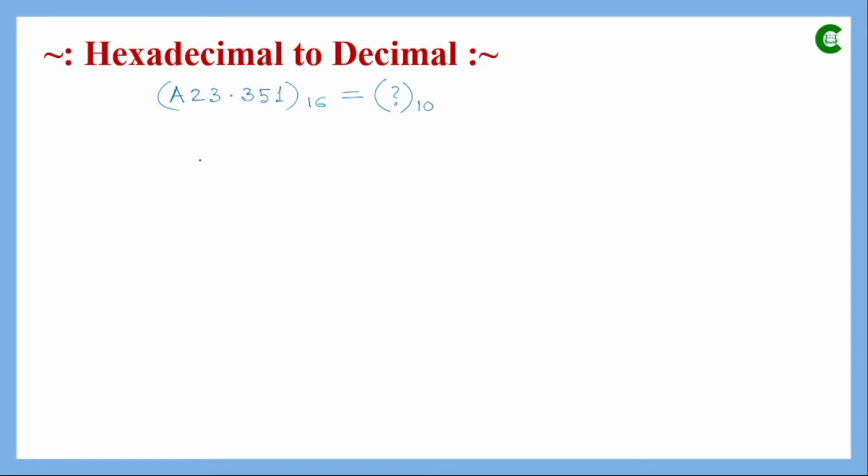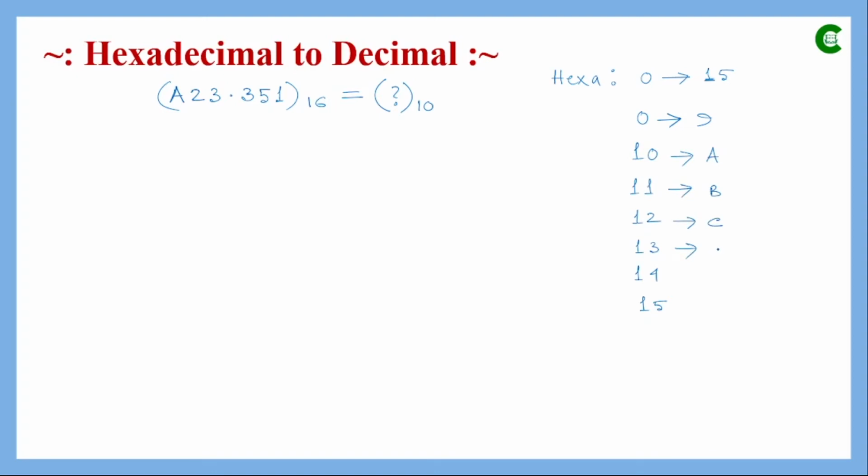Next we will convert a number in hexadecimal number system to a number in decimal number system. Now in case of hexadecimal number system, we know that we have 16 digits, so it will start from 0 and it will end at 15. But we also know that from 0 to 9 we represent by the normal digits that we have in decimal number system, but from the 10th digit onwards we represent by alphabets.